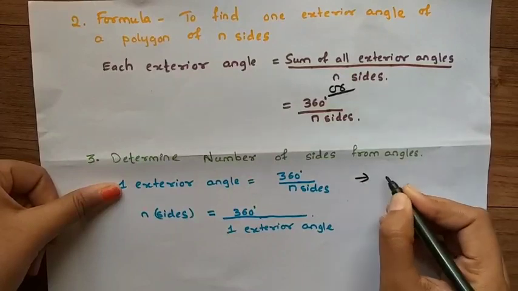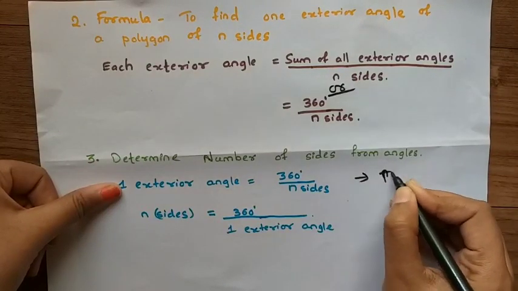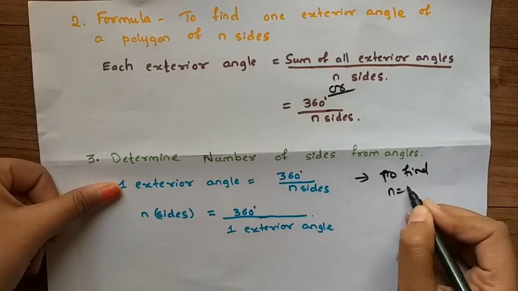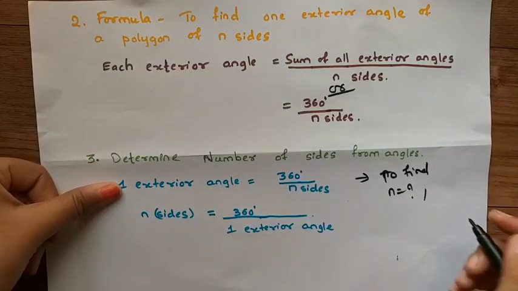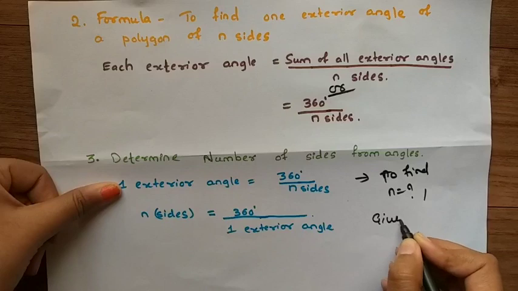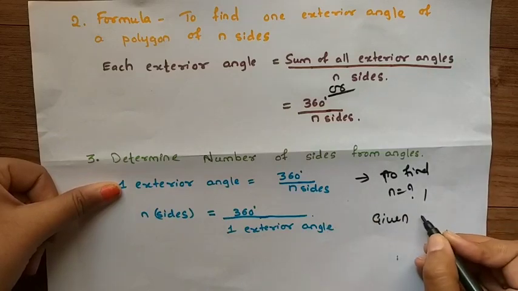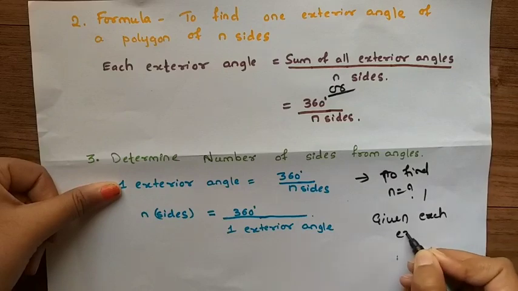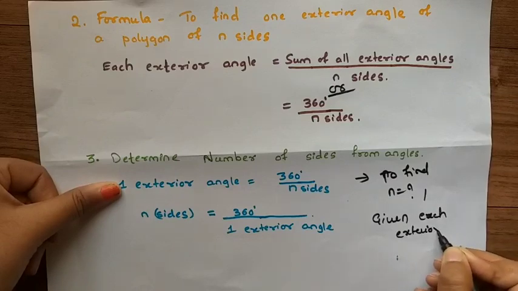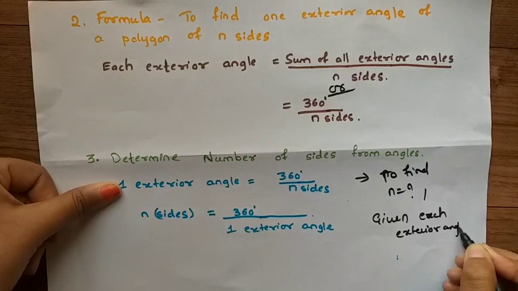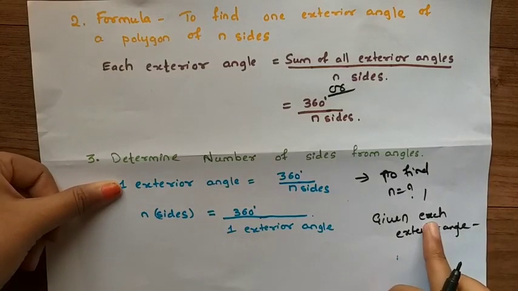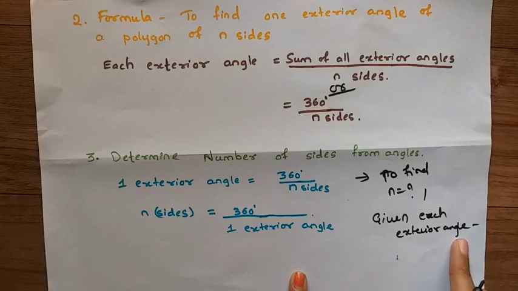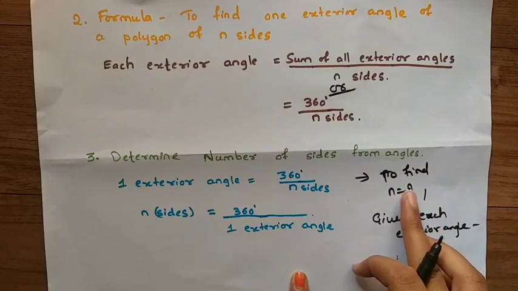In this condition, what is given in the question? Each exterior angle value is given, and we have to find the n sides.